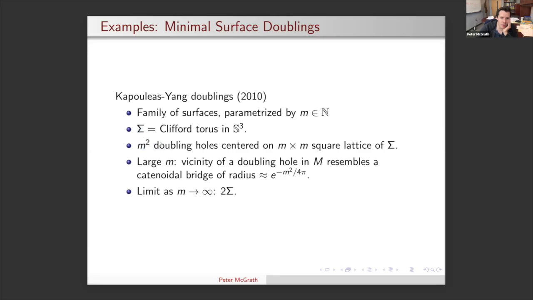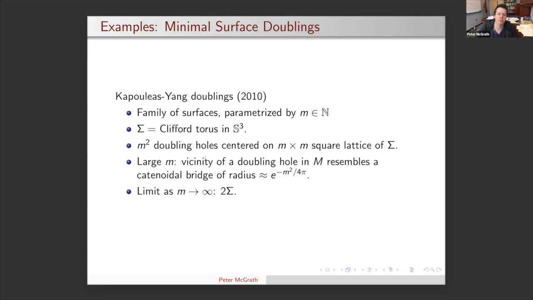And for large m, one can construct a minimal doubling of the Clifford torus like this. The doubling is actually not symmetric because there does not exist a good isometry of S3 that fixes the Clifford torus pointwise, unlike the prior examples I discussed.